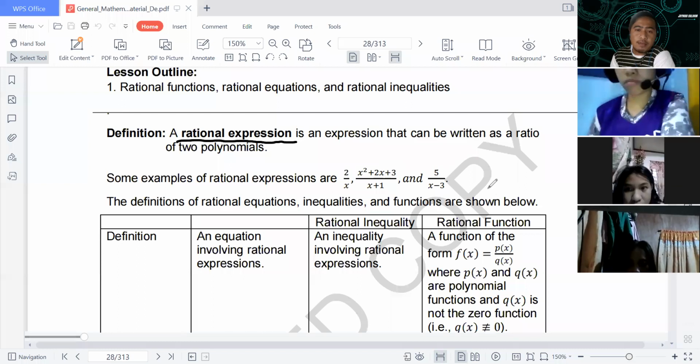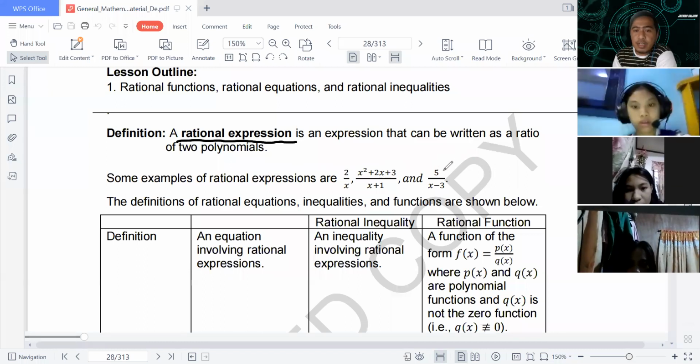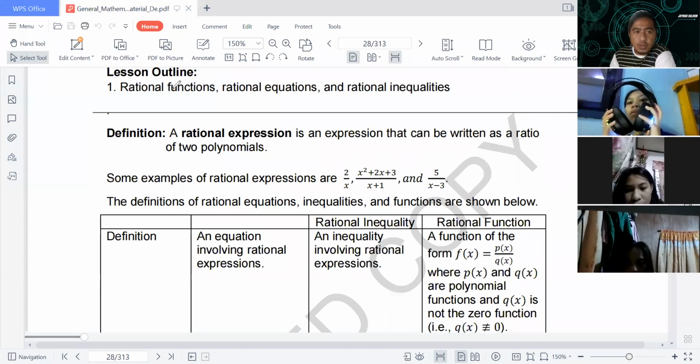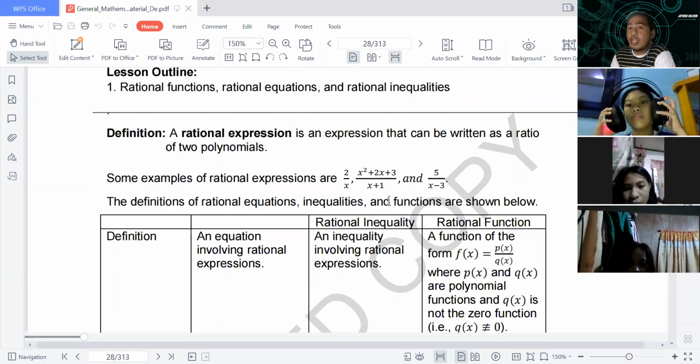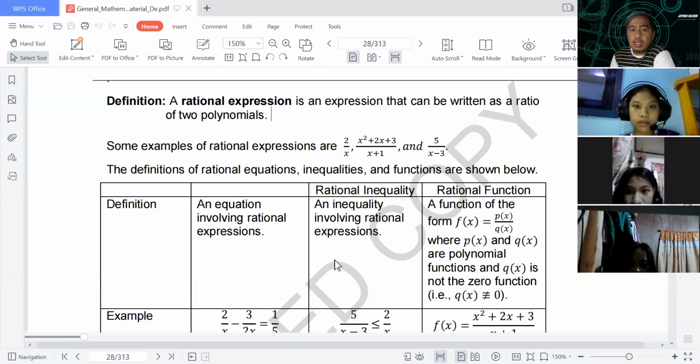You may also have another example, 5 over x minus 3. These are just some of the many examples of rational expression. So that's it. A rational expression is a ratio of two polynomials. Okay, how will we know that we have a rational equation?